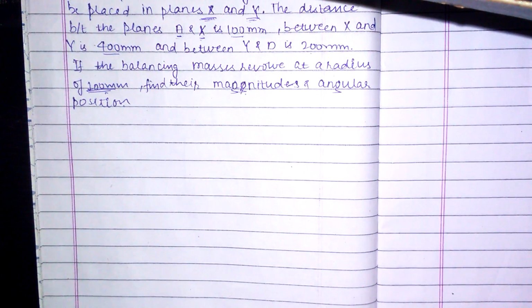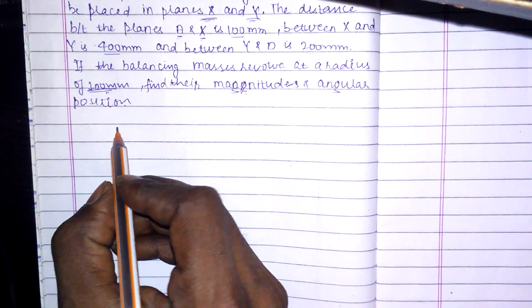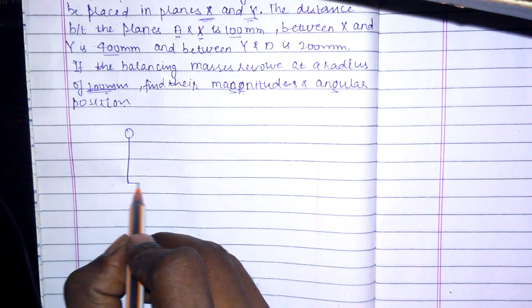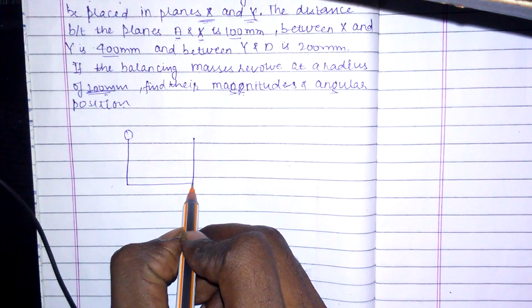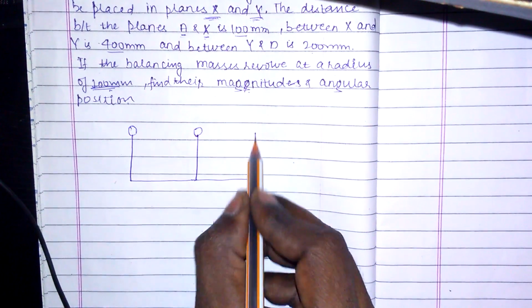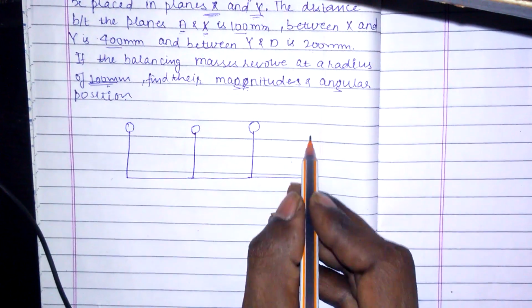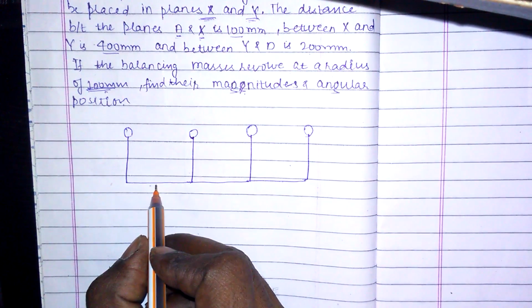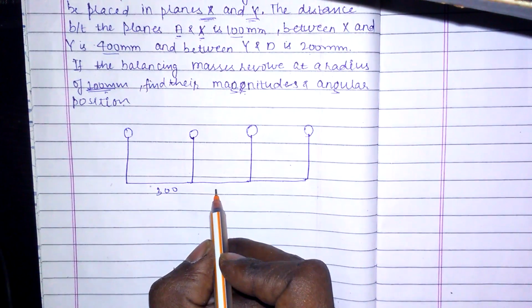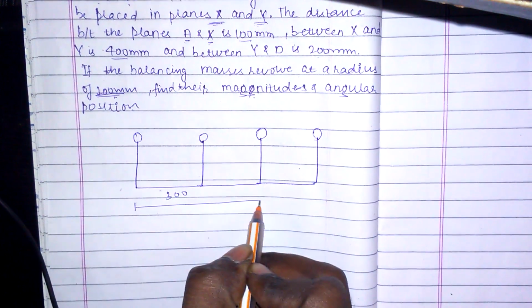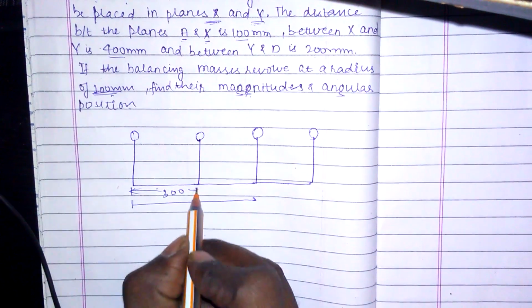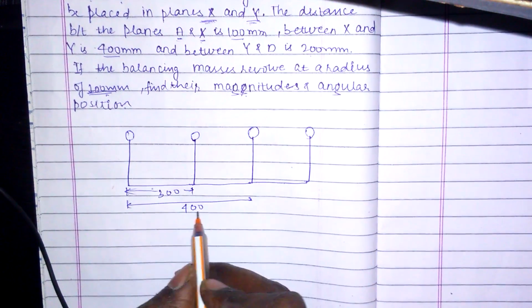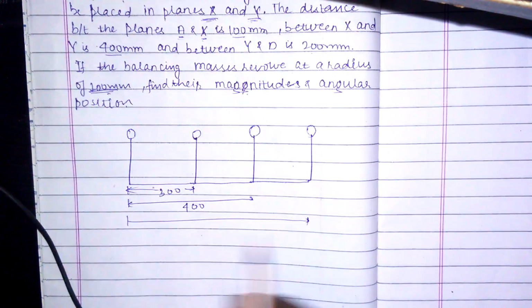So first of all, let us draw the position of the planes. Let's suppose this is mass A. Now B is 300 from A according to the question, like C and D. Now let us write its distances. It is 300, 400, and it is 700.